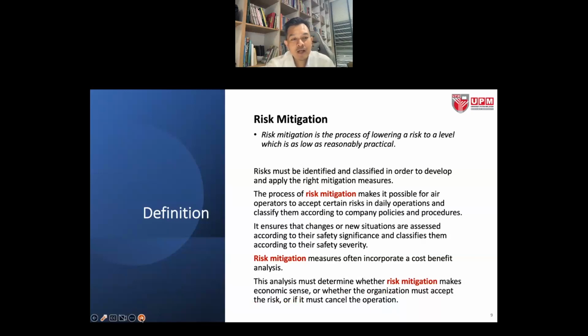So it has to be decided by the management during the operation. You cannot just leave the situation and leave the client without any information. So you have to have a proper risk mitigation procedure. All right.